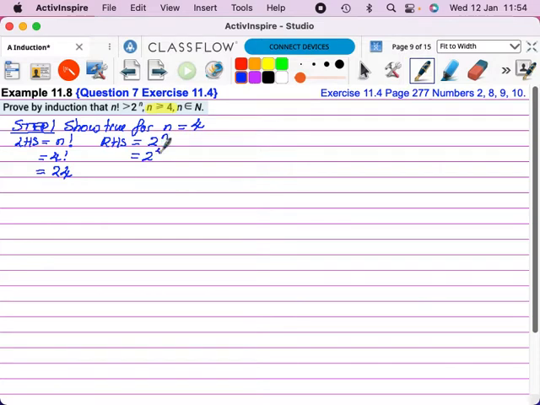We've got 2 to the power of 4. And 2 to the power of 4 is 2 times 2 times 2 times 2. And that is 16. So therefore, the left-hand side is 24. The right-hand side is 16, and therefore quite clearly the left-hand side is greater than the right-hand side, therefore shown true.